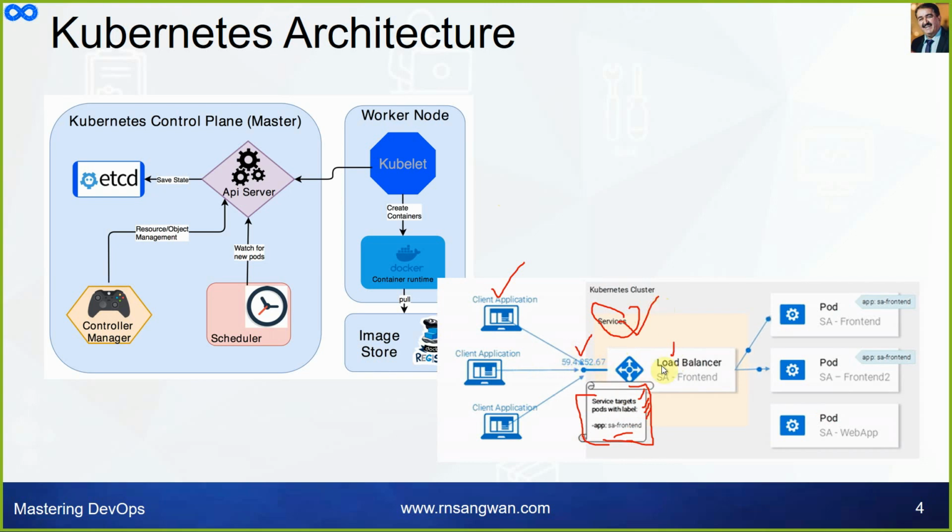Based on the request, it will forward the request to the appropriate pod matching the label selector, like app: front end. So these are the labels configured for these two pods, and therefore the request will go to either this pod or this pod.